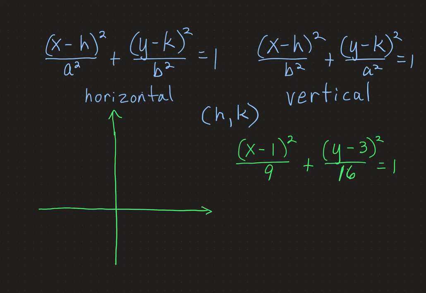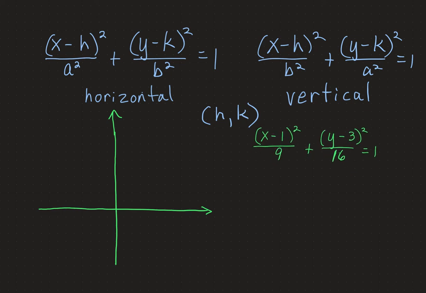Since my last example was oriented horizontally, this example will be oriented vertically. You can see here that my h value is 1 and my k value is 3. So the center of this ellipse will be at (1, 3). So 1, 1, 2, 3.